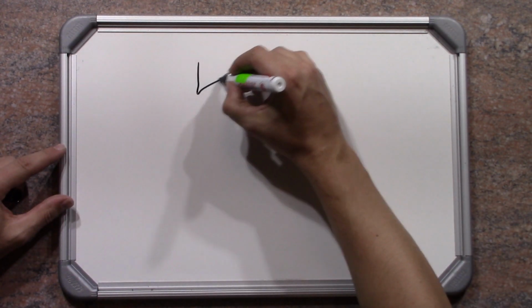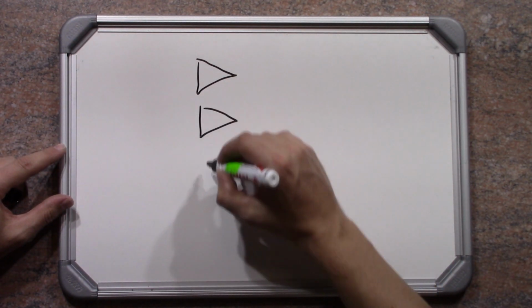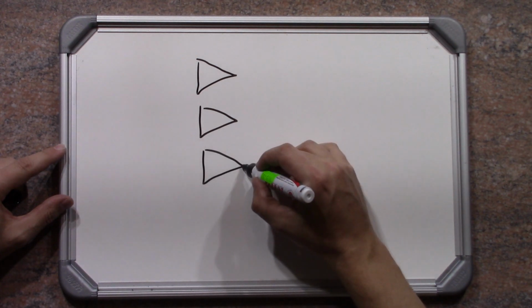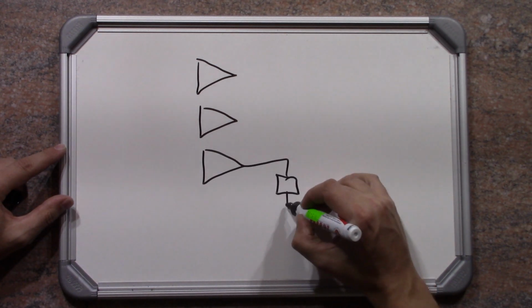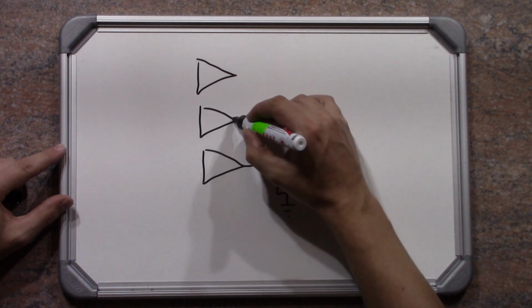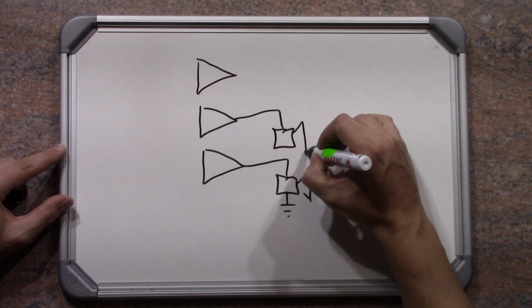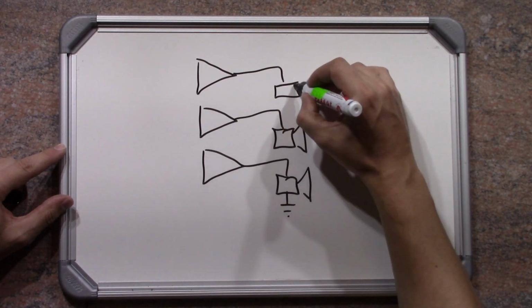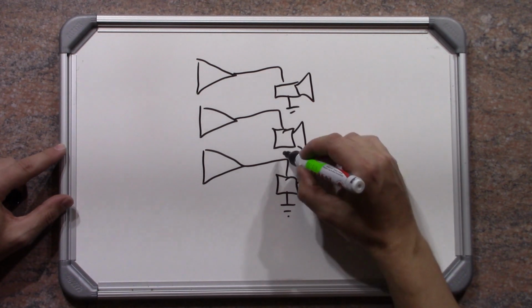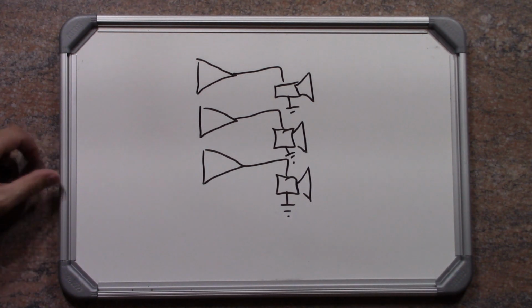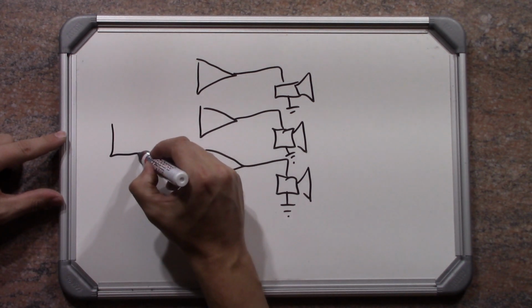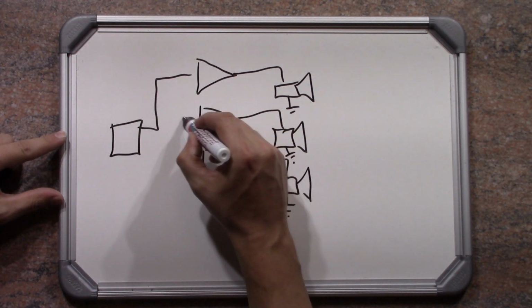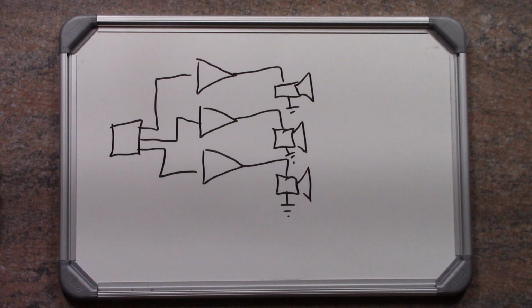On an active crossover system, you'll have individual amplifiers, each driving its own speaker. So in this case we've got tweeter, mid and subwoofer, and then in front of the amplifiers you'll have a crossover that filters the frequencies and sends them to each individual amplifier.